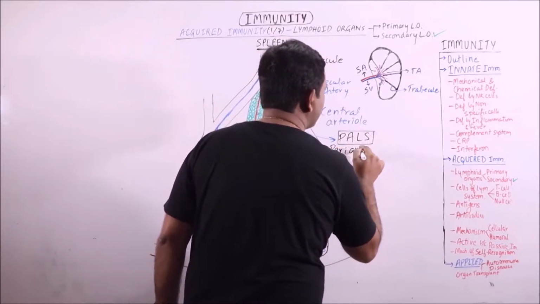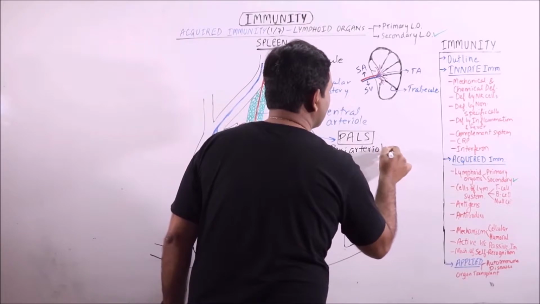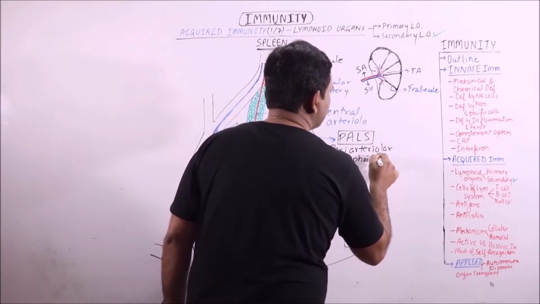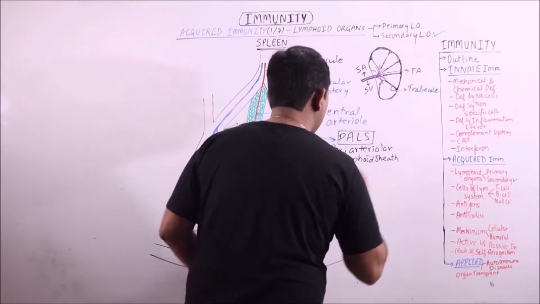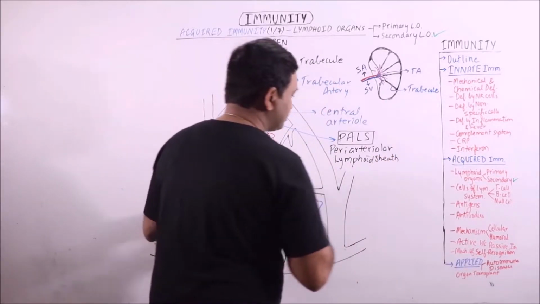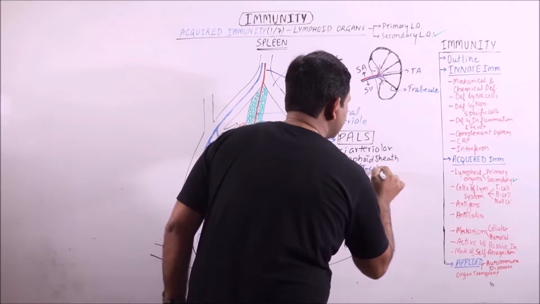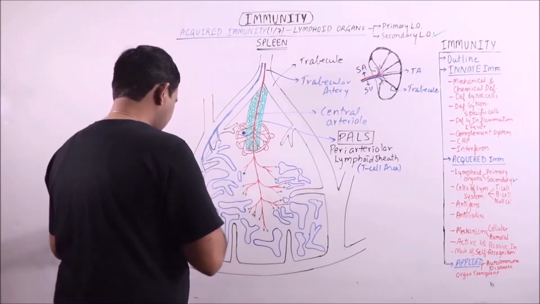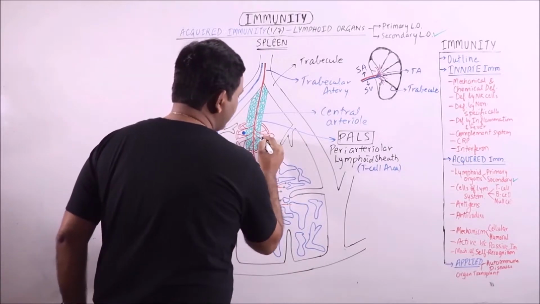This is the periarteriolar lymphoid sheath, and this is a T cell area, that is, T cell rich. Then there are lymphoid follicles.